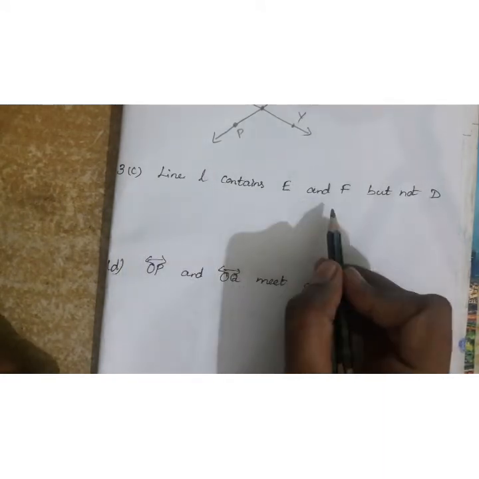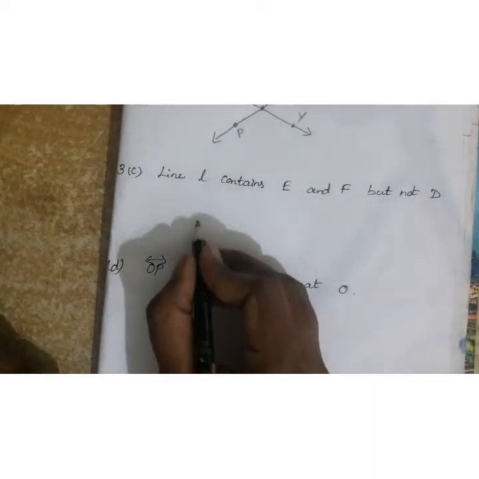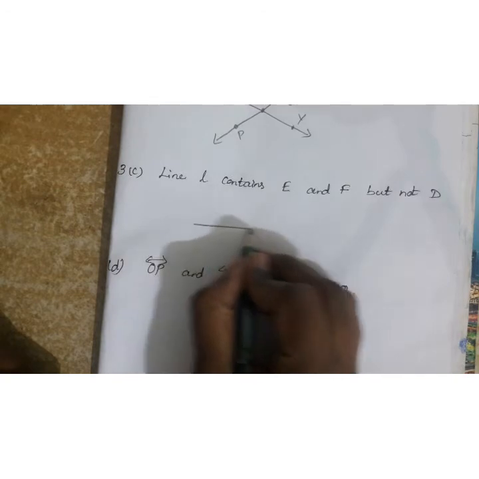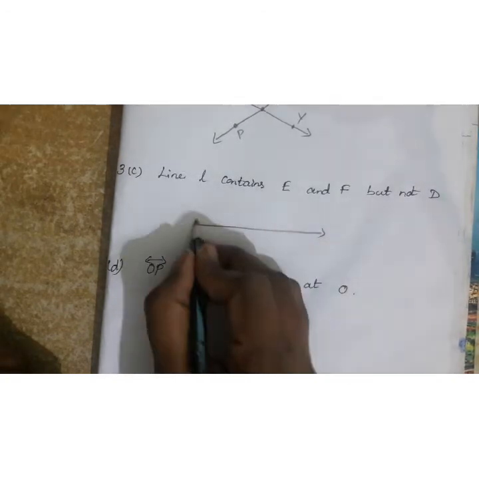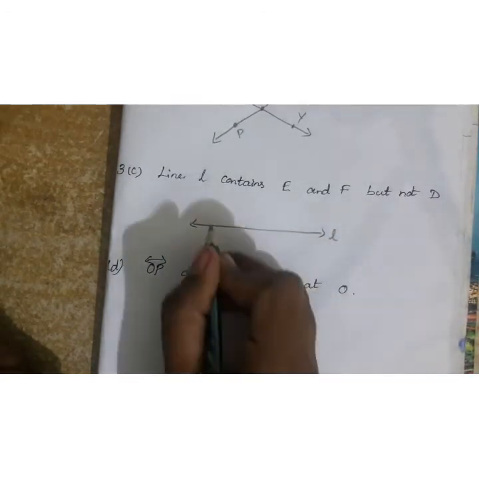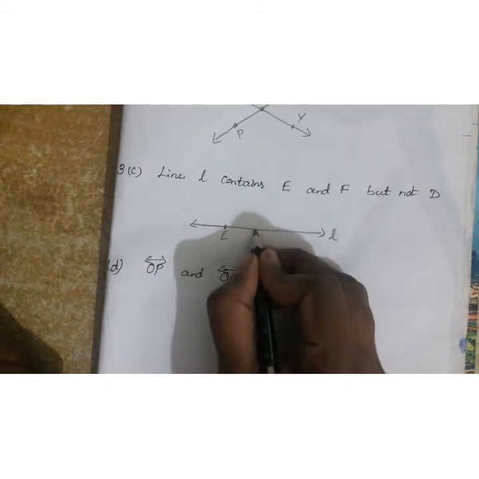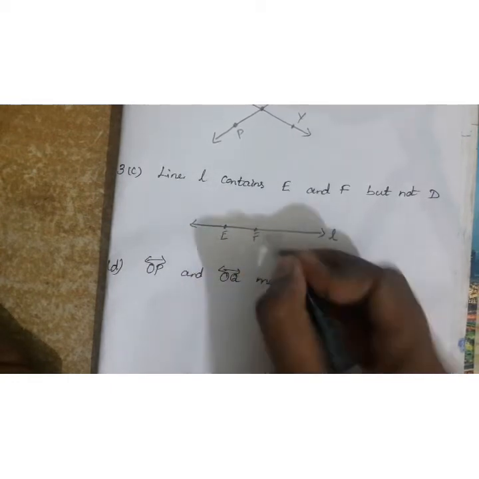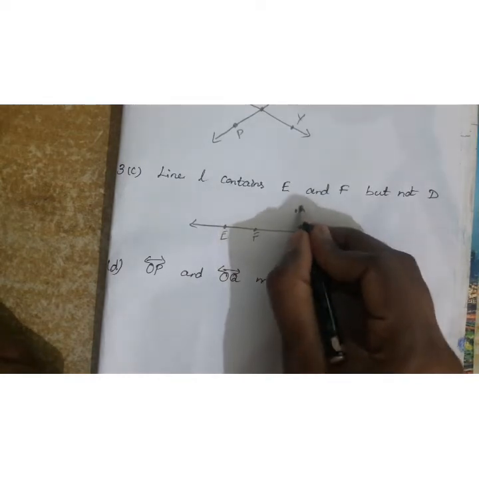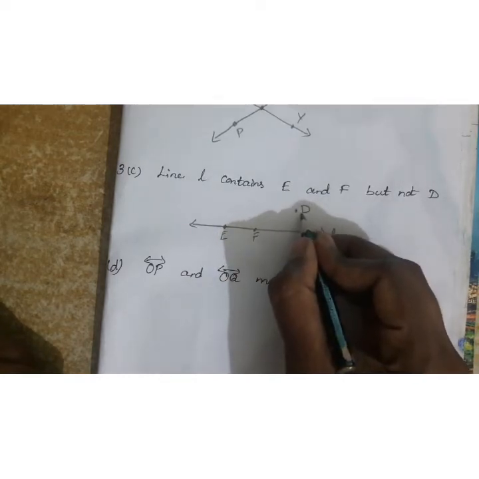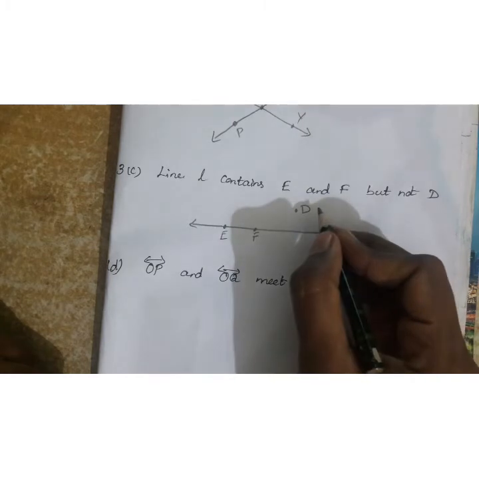C part: line L contains E and F but not D. So draw a line L and mark the points E and F, but not D. The point D is outside the line.